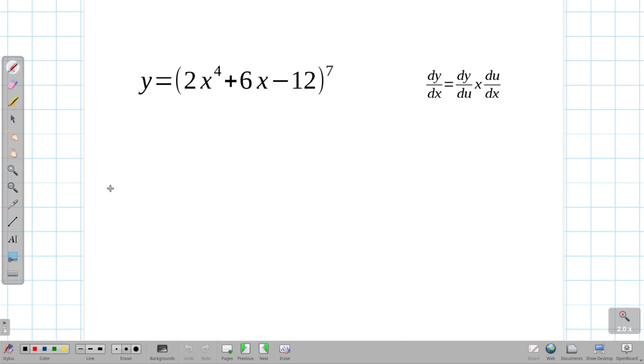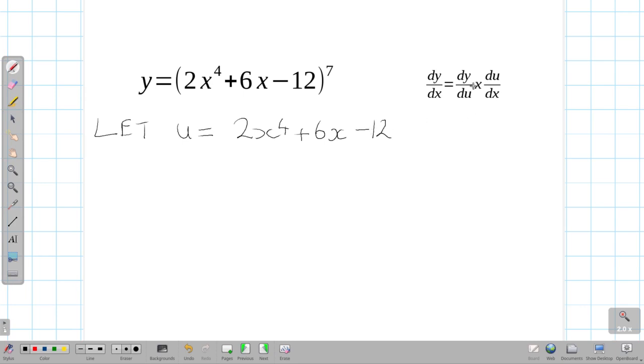So what we need to do is use substitution, and we're going to take this bit inside and let u equal everything that's inside. So that's 2x to the 4 plus 6x minus 12. Okay, straightforward.